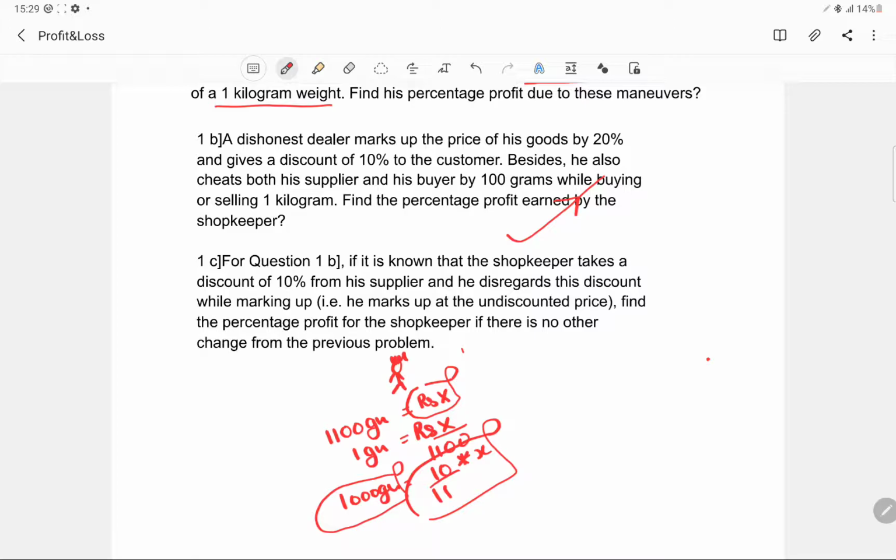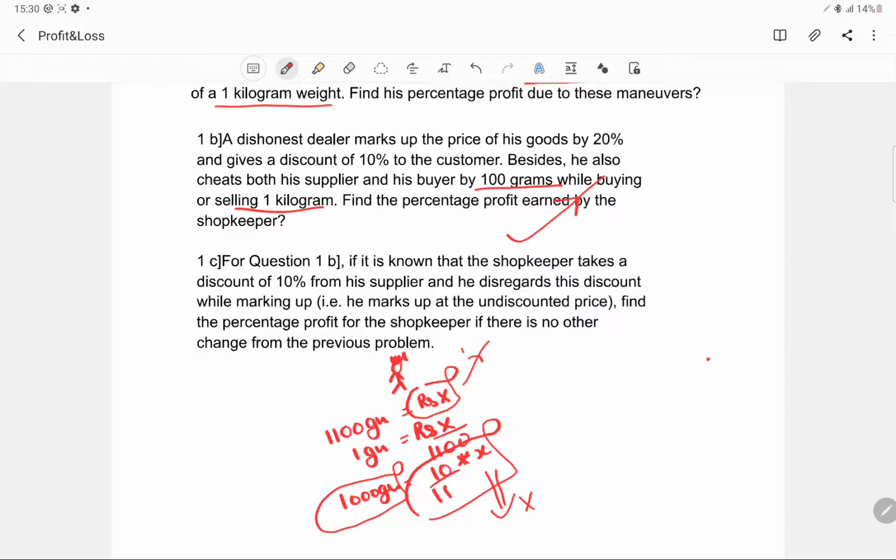Then he went to the same person and said okay, sir, just try and see this. Now what will he be marking up? He is saying that I am selling at the cost price, but would he say my cost price for this was 10 by 11 of X? No, he won't. He would say that it cost me rupees X only, because it is a sort of cheating.